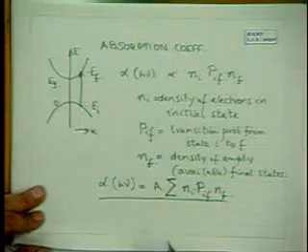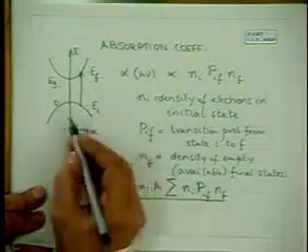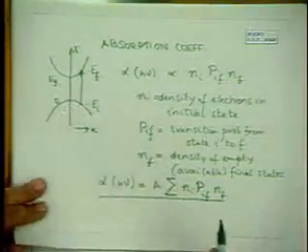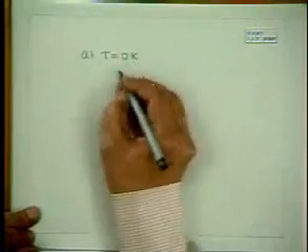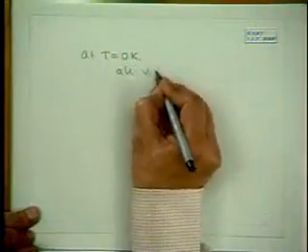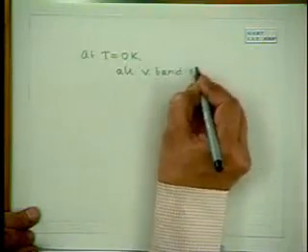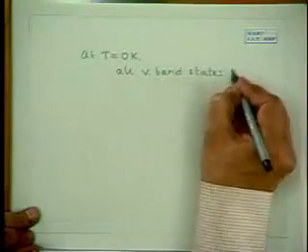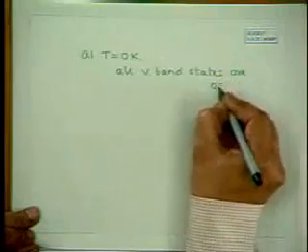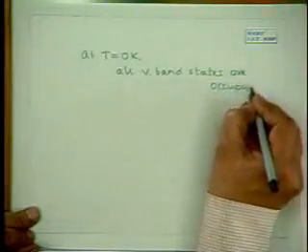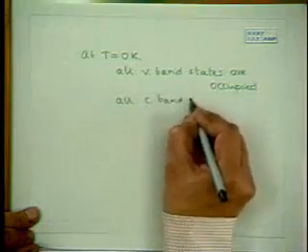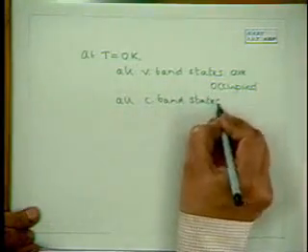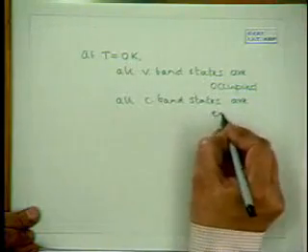Here we will make an approximation. We will assume that at T equal to 0 K, all valence band states are occupied and all conduction band states are empty.